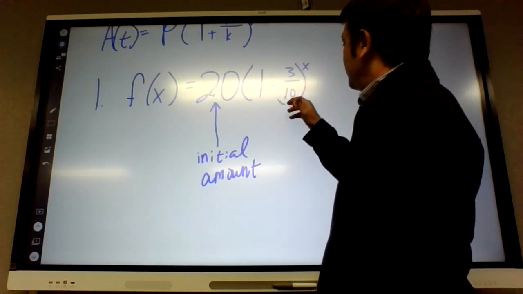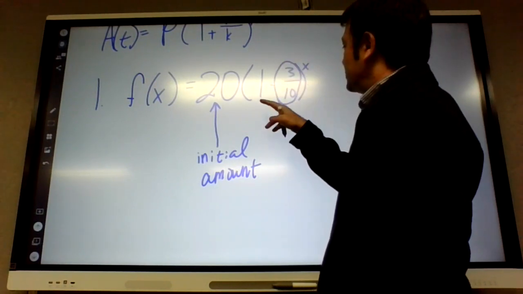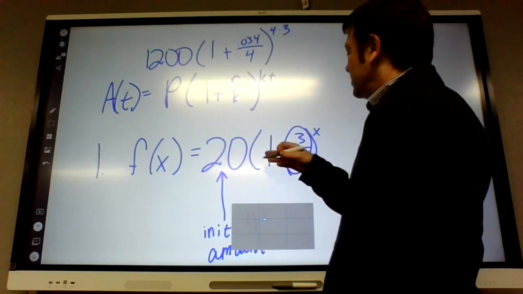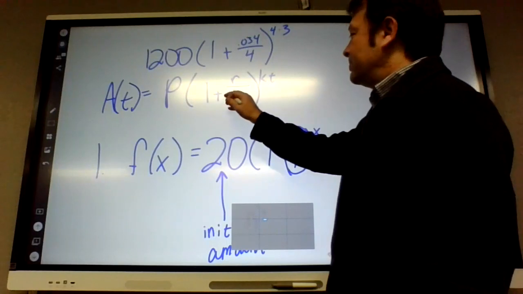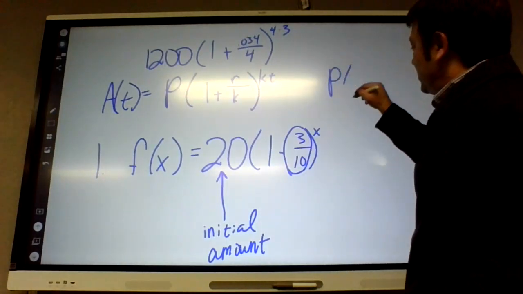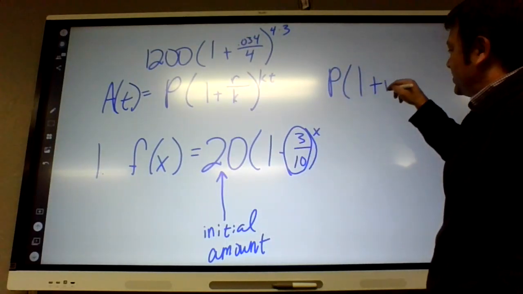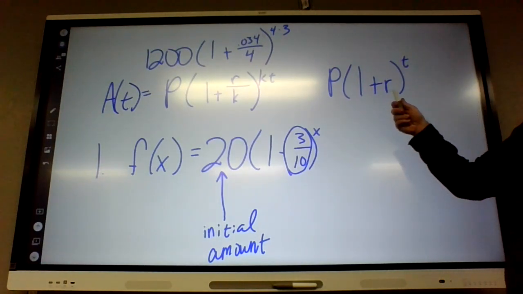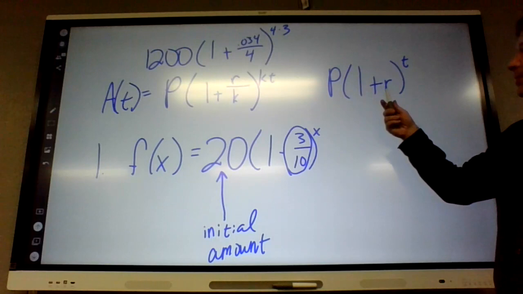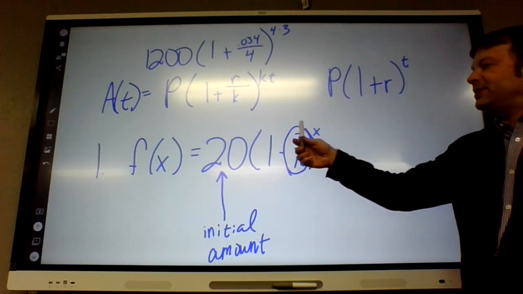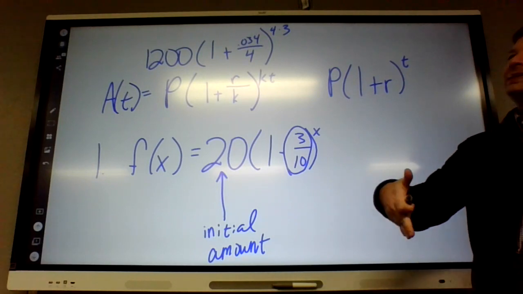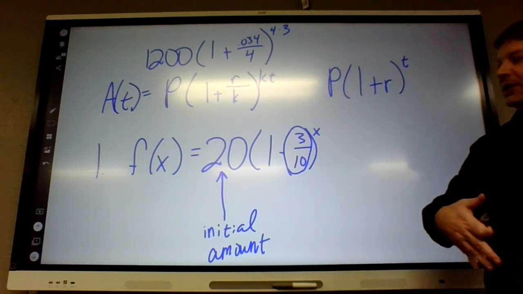What do you think the 3/10 is? It's like the rate. I don't know if you guys remember, but I also had the simple interest, which was like this. There was no K compound. So this is like the interest rate, but since we're not talking about money, now it's the percent change.